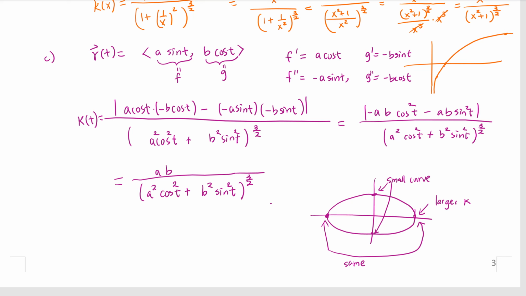If the shape is like a circle, where the change of direction looks the same at different points, then they will have the same curvature, and also like the helix, they will have the same curvature. Then you might have a curve like this ellipse, where at some points the curvatures are the same and at some points they are different. So the shape decides the curvature. So far, so good, everybody?